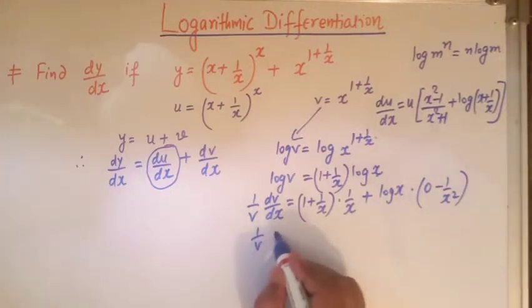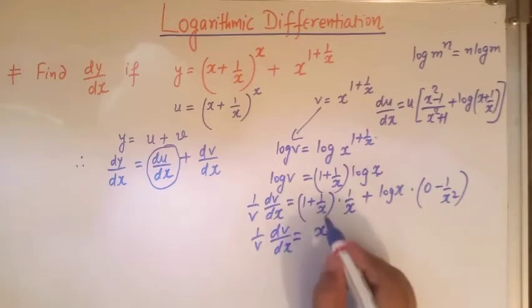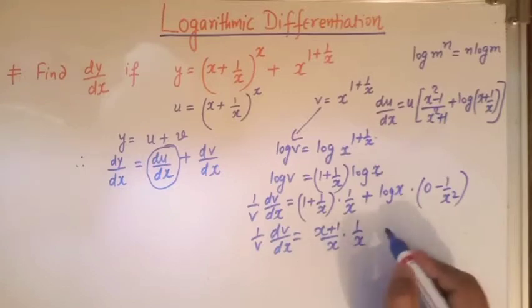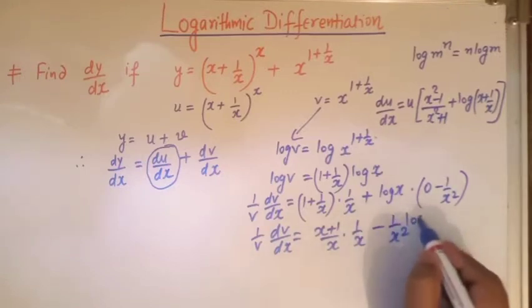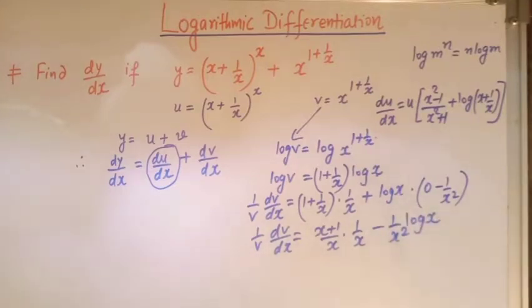So if we simplify it, we get (1 + 1/x) times 1/x, and this is minus 1/x² log x, right?